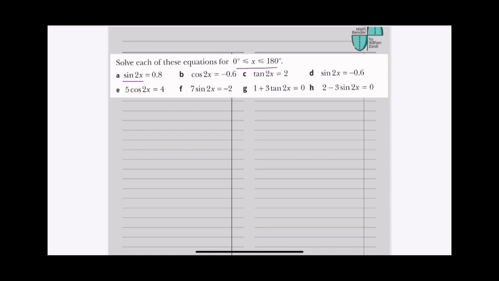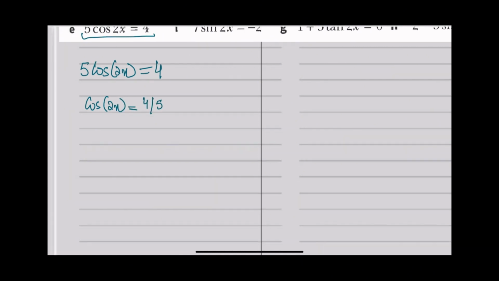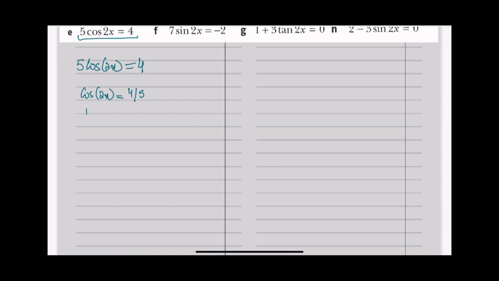So let's say if I draw this one, 5 cos of 2x is equal to 4 till 180. I can say cos of 2x is 4 over 5, and let's sketch cos of 2x until 180 degrees. This is cos of 2x.